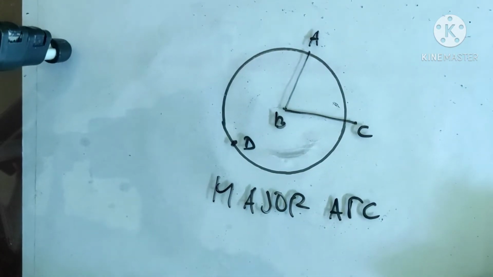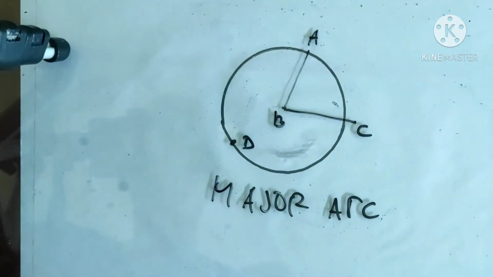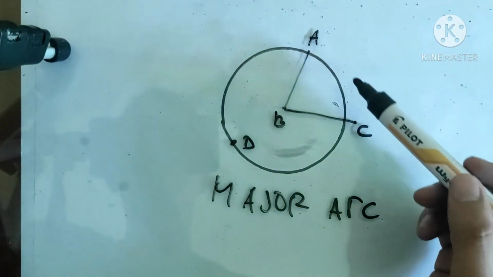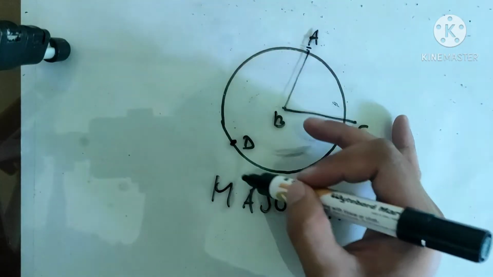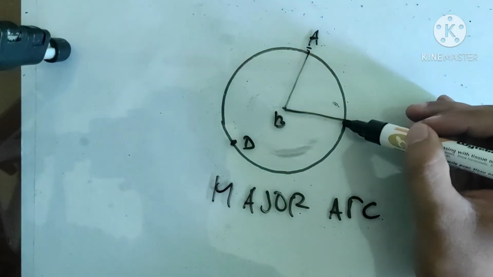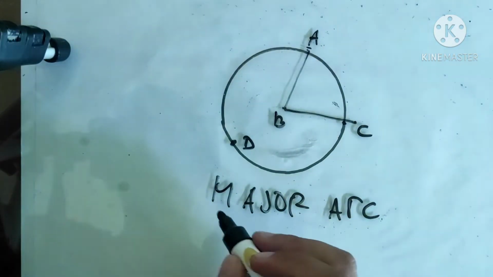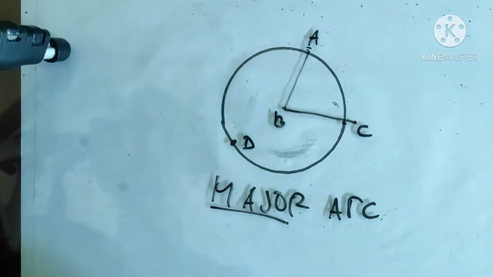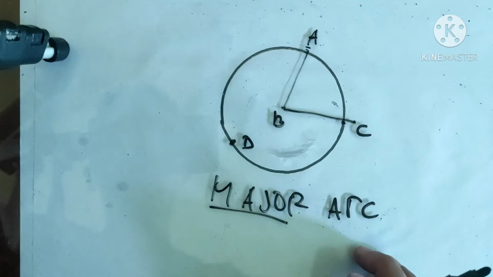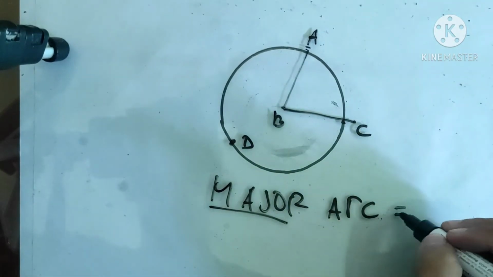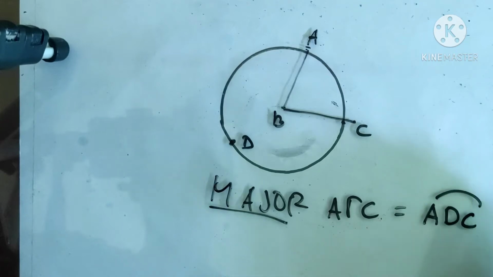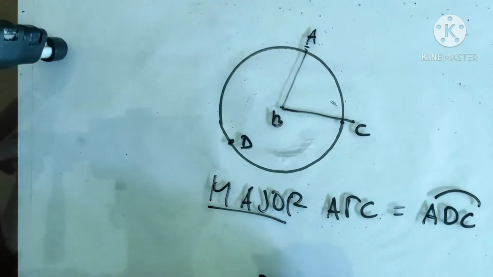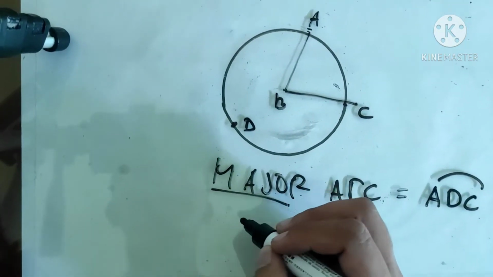Makikita siya, or si major arc, siya yung arc na pinakamalaki or pinakamahaba. So, dito, si arc ADC, siya yung ating major arc. Kasi nga, from the word major, siya yung pinakamahaba or pinakamalaking arc. So, we have the major arc ADC.